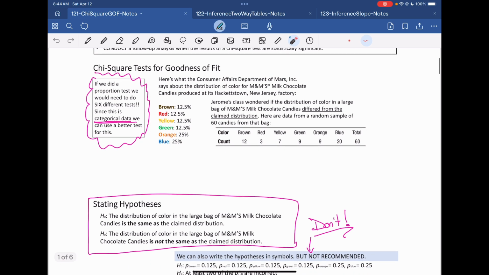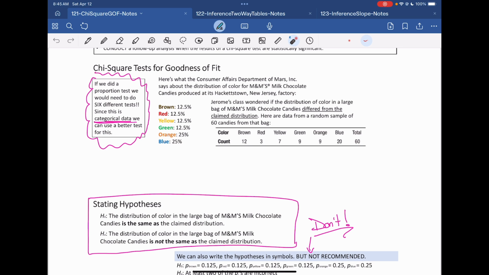Okay, so in these particular questions, there's usually a claim being made, a claim of a distribution. According to Mars, M&M's milk chocolate candy bars, Mars Inc. right there, in Hackettstown, New Jersey, these are the distributions of brown, red, yellow, green, orange, and blue.